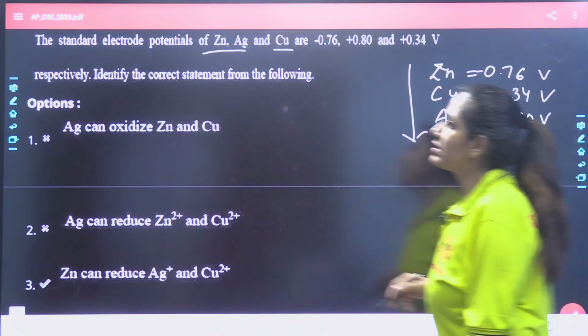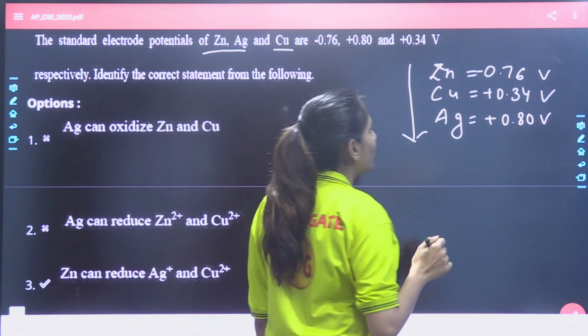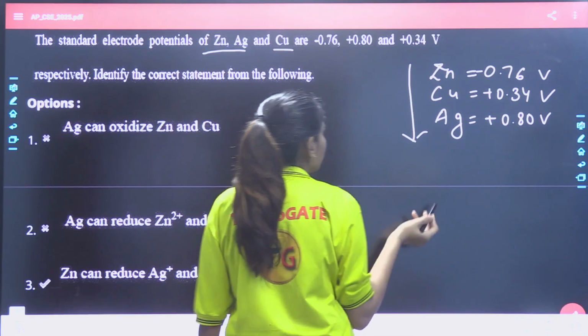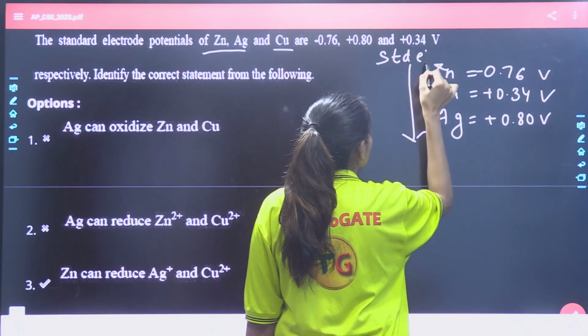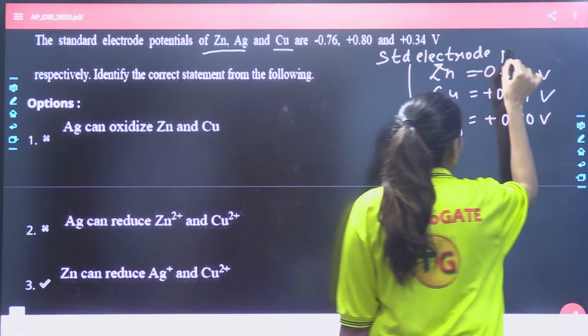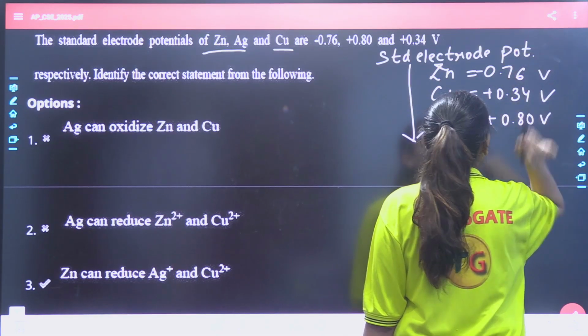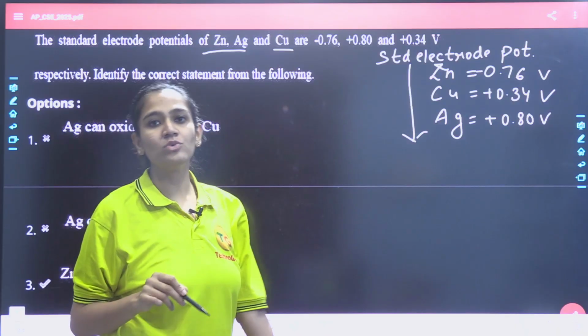From here to here, what happens? Their standard electrode potential is increasing, from zinc to silver.